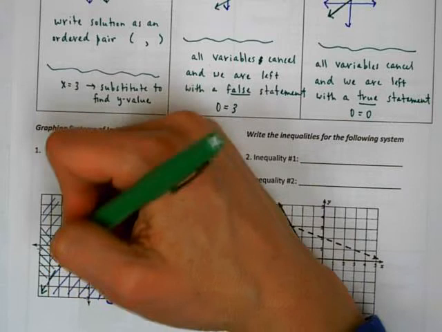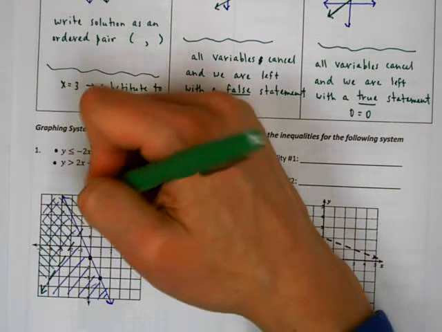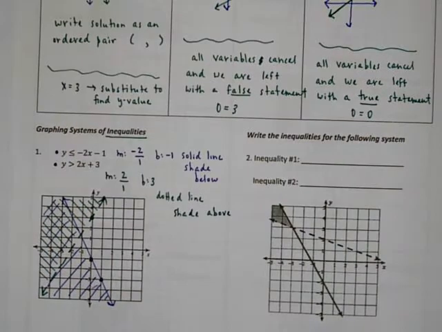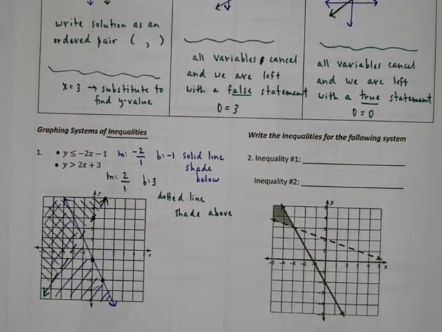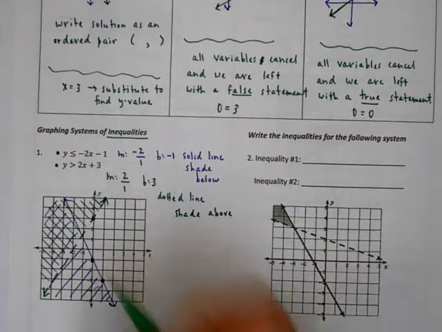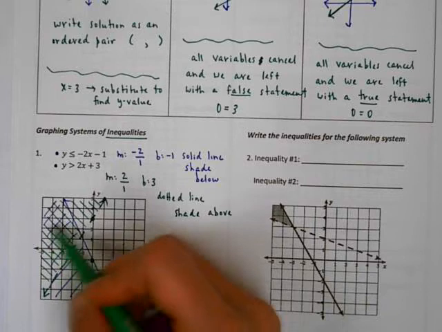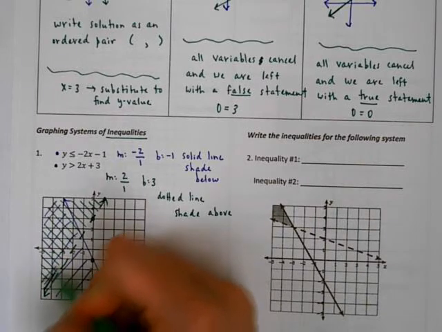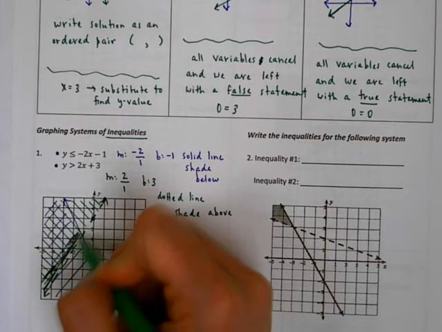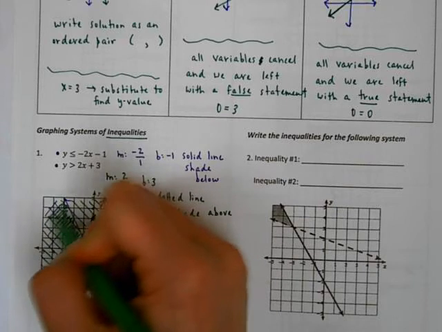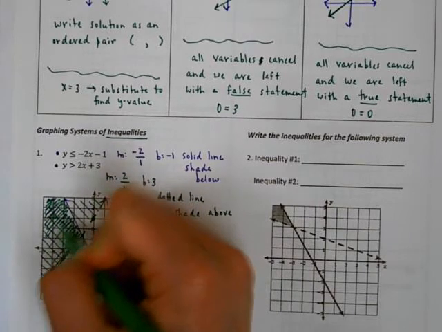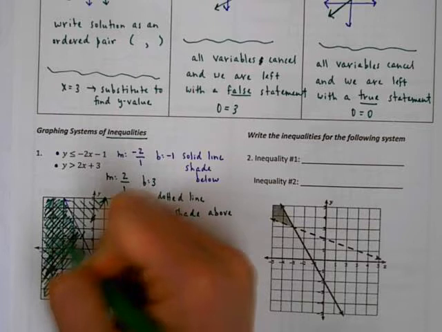And now remember, the whole point was that the solutions lie where those shaded areas overlap. So I can see here I've got my blue and my green overlapping. So I shade this in to make it really clear that this is the area where all my solutions are.